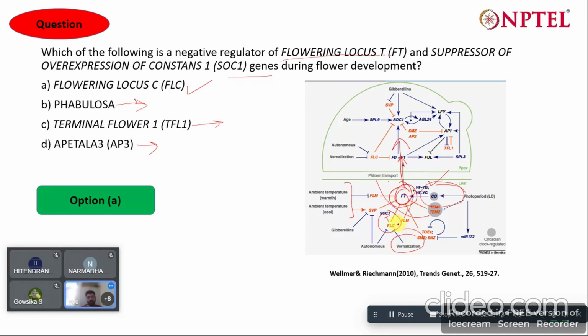Yeah, it's right that vernalization inhibits FLC. So that means FLC will not work in inhibiting FT. It's different conditions, that is what I was explaining. Okay, sir.